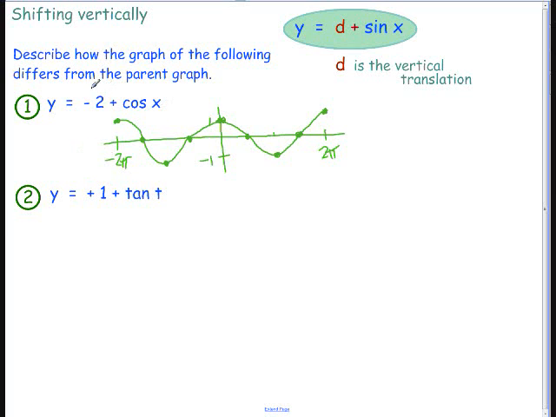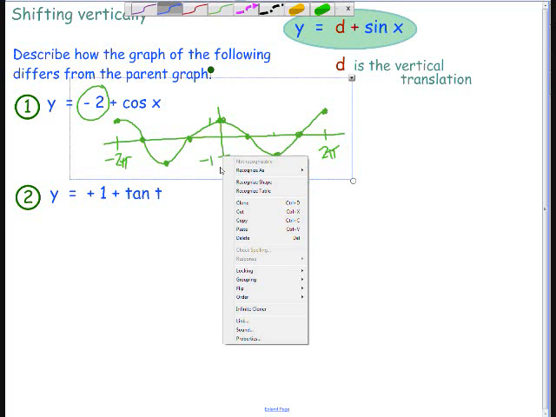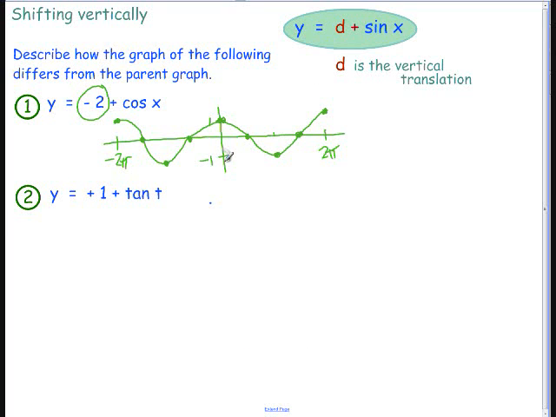Now, what's happened with this one? I've just dropped the whole thing 2 units, haven't I? So let me get a blue. And I know now that if I drop this whole thing 2 units, I'm going to be peaking at -1.